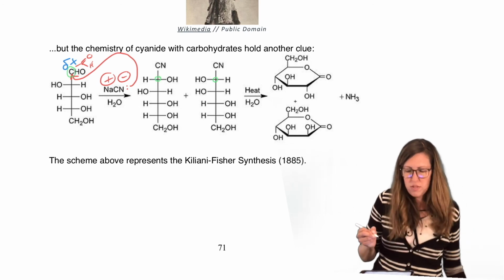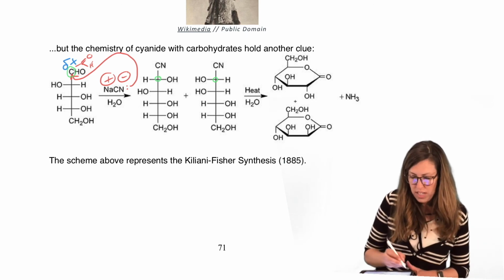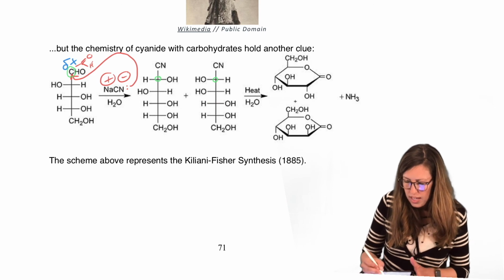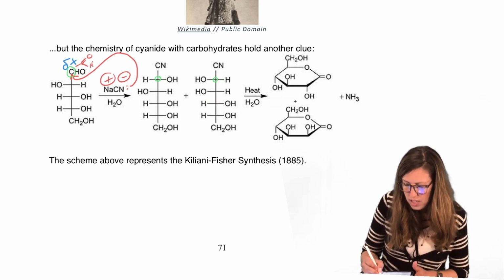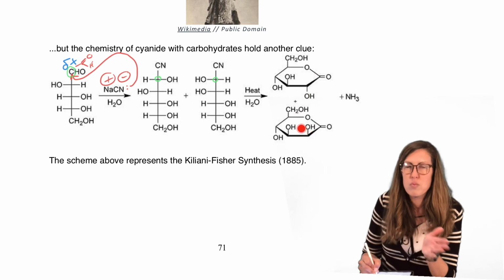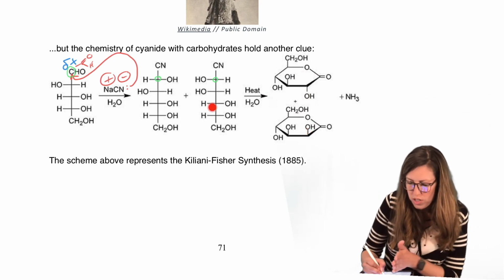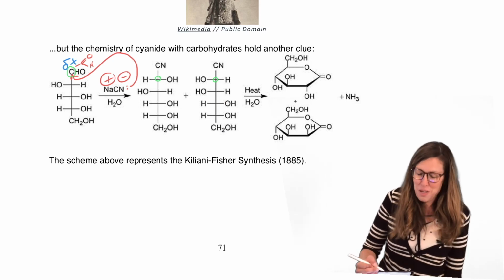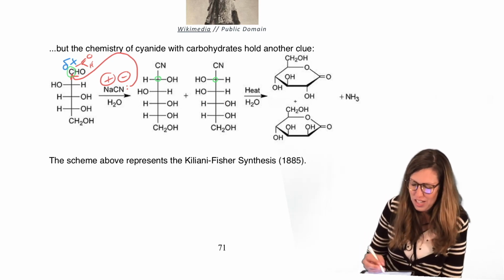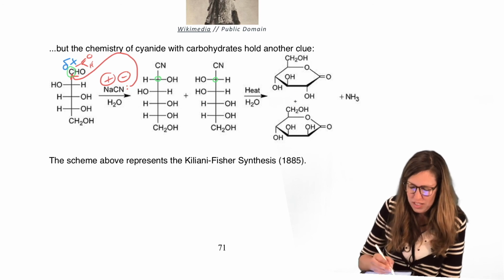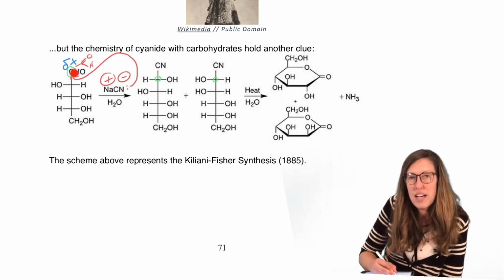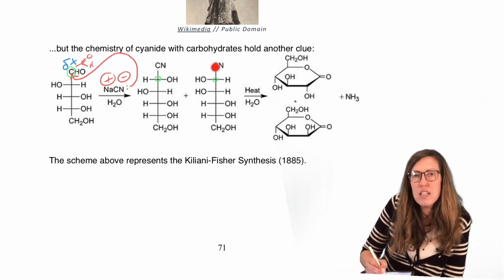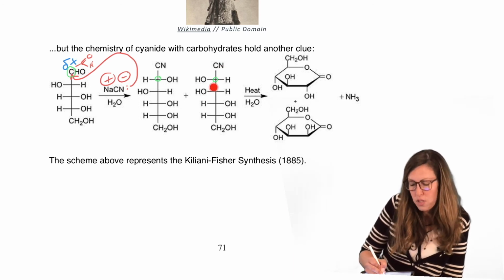And it could have attacked from either side, which is why we have the collection of enantiomers, right? And then, keeping that in mind, it can cyclize, because we'll learn that in the carbohydrate section. So don't worry too much about the rest of that. So Fischer projections come back into play for carbohydrates, of course. But don't worry about the cyclization process. Just know that you can attack a carbonyl with cyanide as a nucleophile and get the nitrile as the new attachment, cyanohydrin.